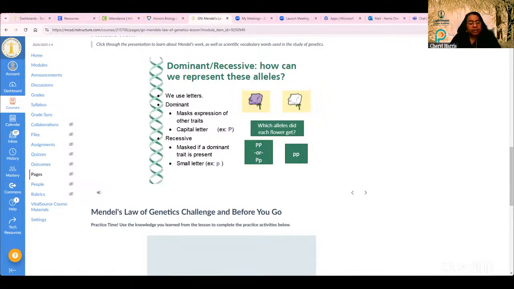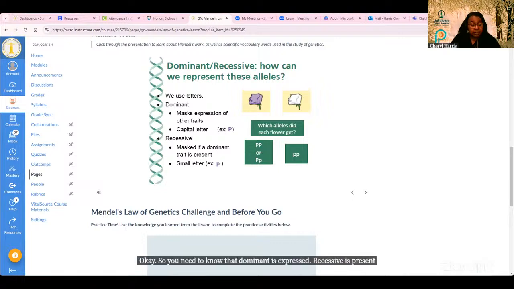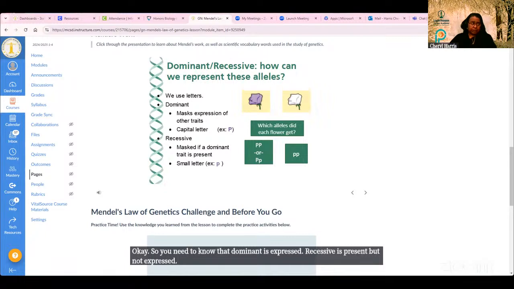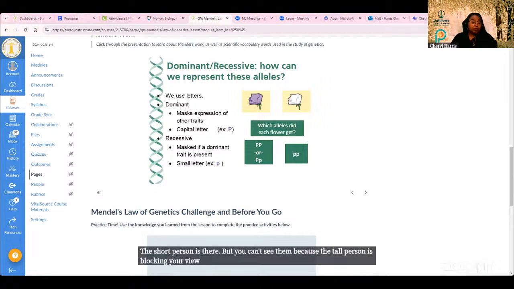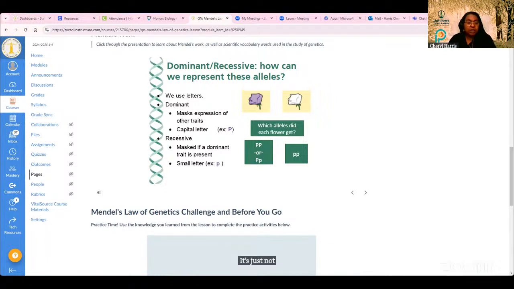Recessive is present but not expressed. It's like a tall person and a short person standing in front of the short person. The short person is there, but you can't see them because the tall person is blocking your view. So this is what we have with dominant and recessive. The gene is there, it's just not expressed because the dominant gene is more powerful.